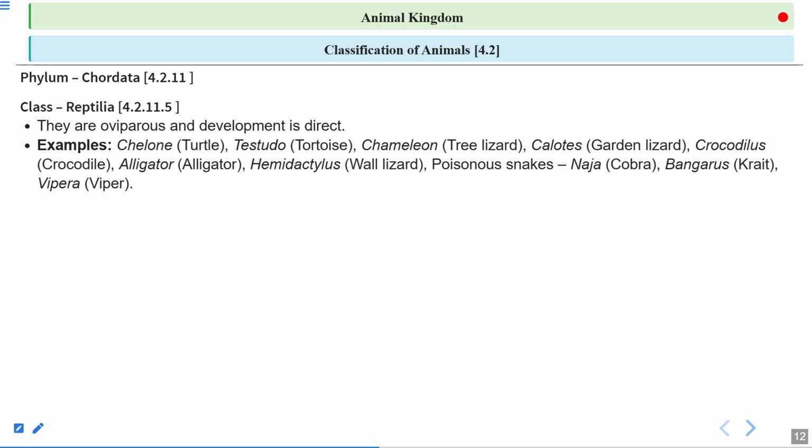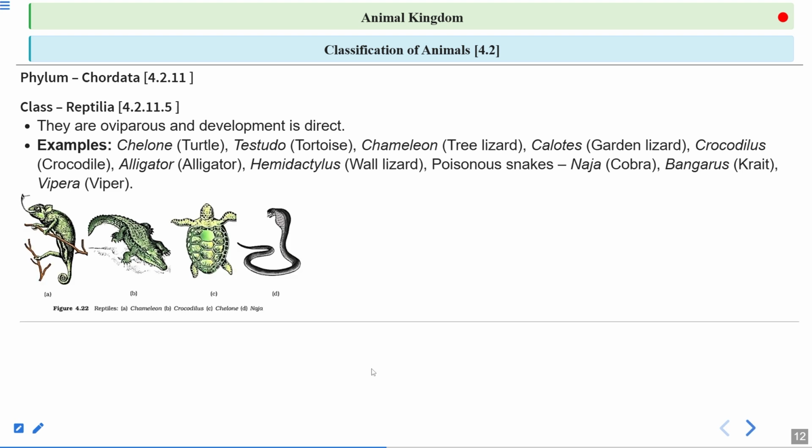But in the case of crocodile, the snout is not much longer, okay? Hemidactylus, wall lizard. Poisonous snakes, we have some examples like Naja, commonly called cobra, and Bungarus, called krait, and Vipera, that is a viper.